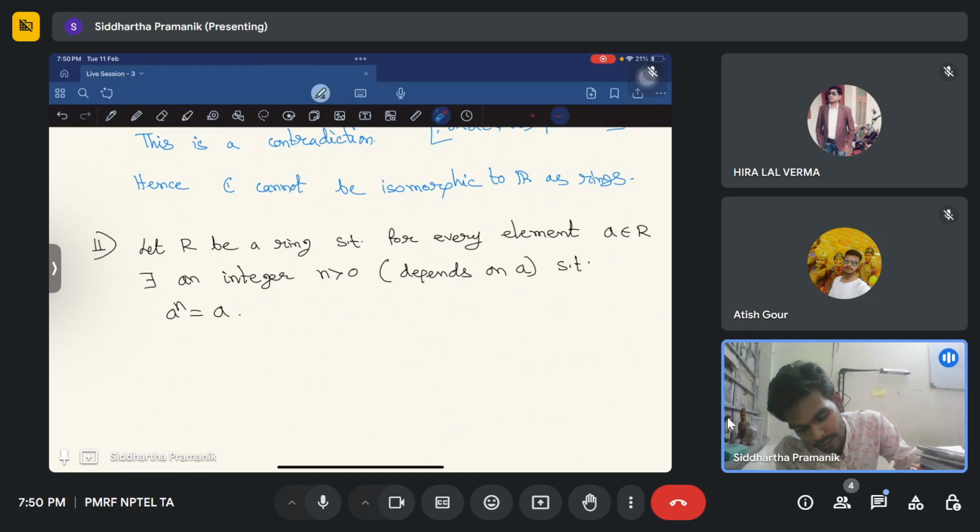So for every element a, there exists a corresponding integer n such that a^n equals a. So you have a ring with this property.